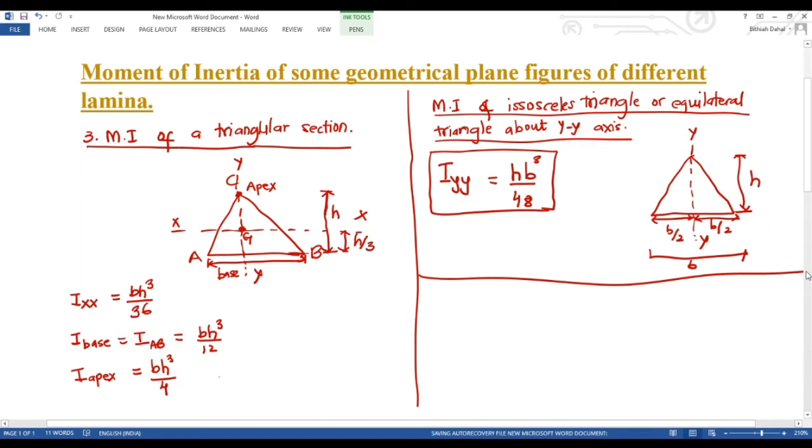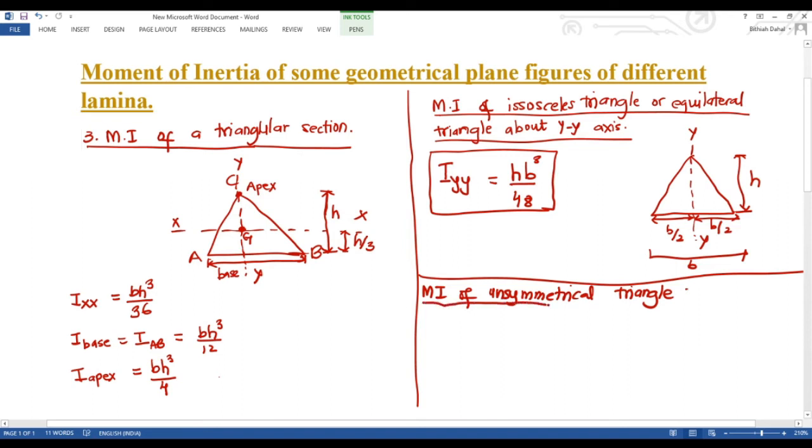And now next I have the moment of inertia of an unsymmetrical triangle, or you can say an irregular triangle.